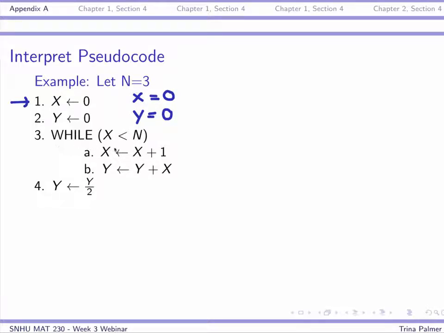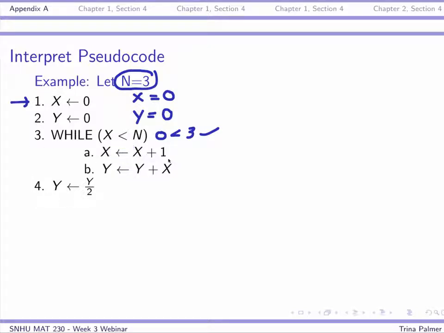Then it says while x is less than n. Here our n is 3 because that's given to us, that'll always be given. x right now is 0, so 0 is less than 3. That is true, so I'm going to do steps A and B. This backwards arrow means assign that storage spot.